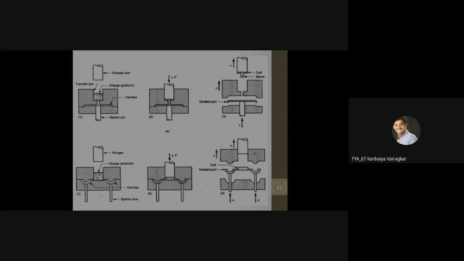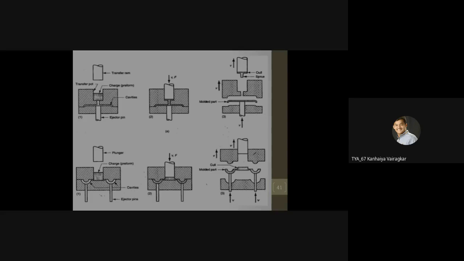Now check out the second section, the lower part. It is for plunger type transfer molding. The charge is kept in the cavity, and there are lateral cavities. The material flows directly to the lateral cavities because of the pressure from the plunger.